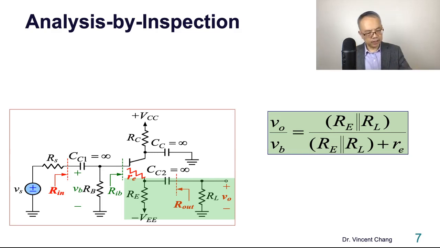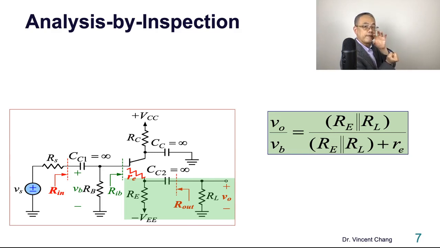Let me try to elaborate on this. If you grab the emitter terminal and look outside, what do you see? You see the parallel combination of RL and RE. That's the external. But if you stand on the emitter looking back inside, you see re.